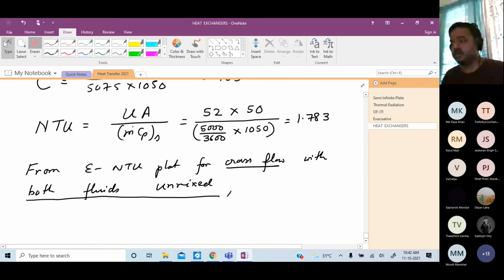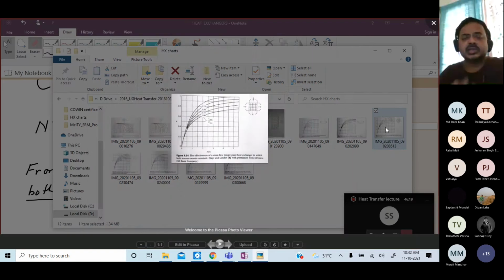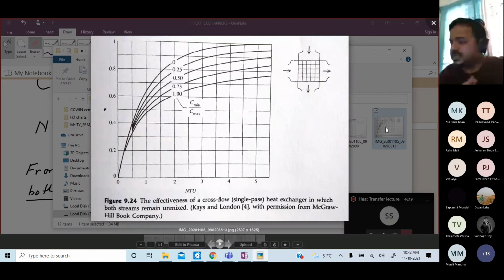Okay, so let us go here, and we have to read out of the chart, which is not a big problem. This is the chart. What was my C? Was almost close to 1, right? 0.985. So almost close to 1. You have to do a little bit of interpolation, but that's okay.